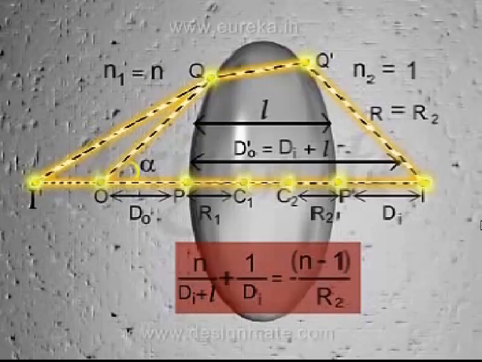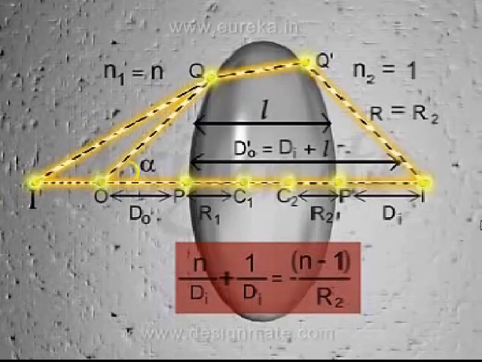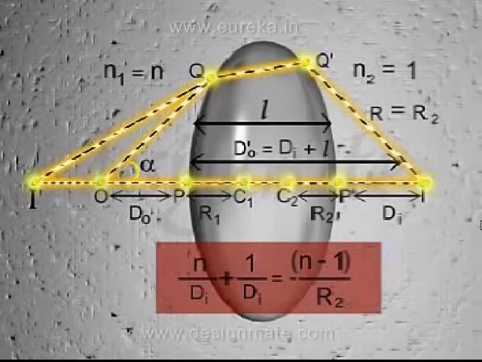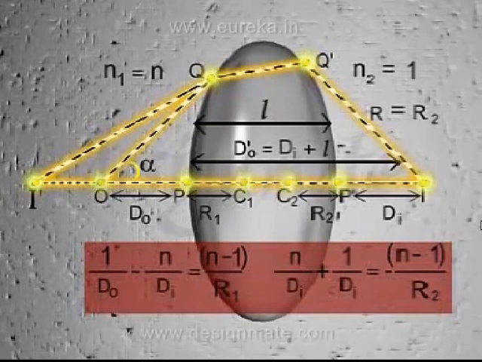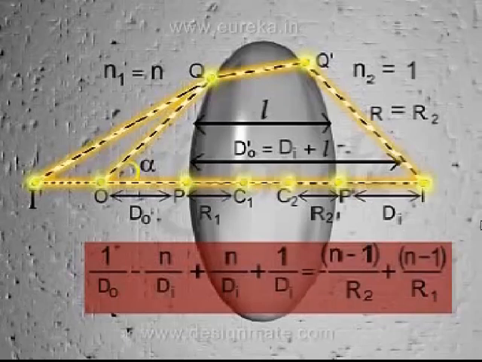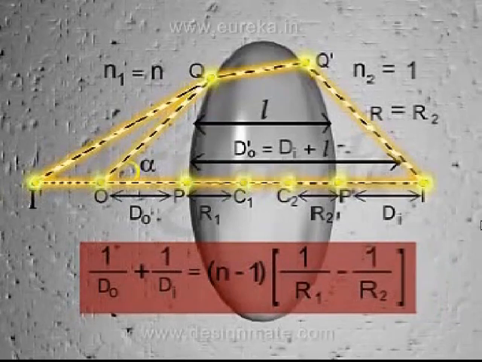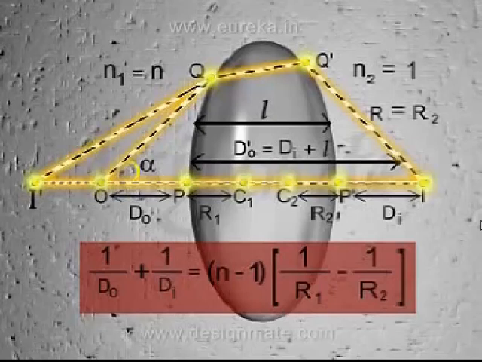Thickness L of thin lens being very small compared to DI, we ignore L in equation. n upon DI plus 1 upon DI is equal to minus (n minus 1) upon R2. Adding equations, 1 upon DO plus 1 upon DI is equal to (n minus 1) into (1 upon R1 minus 1 upon R2).